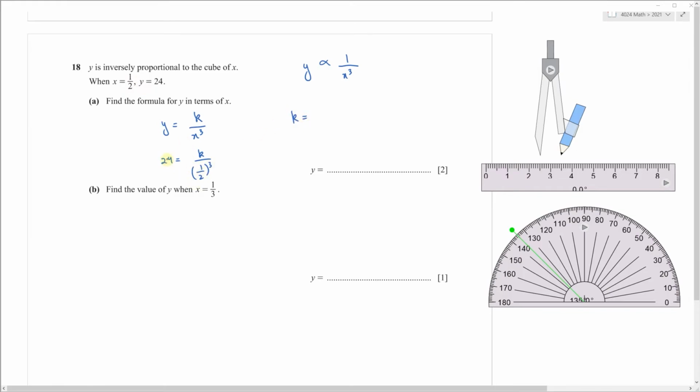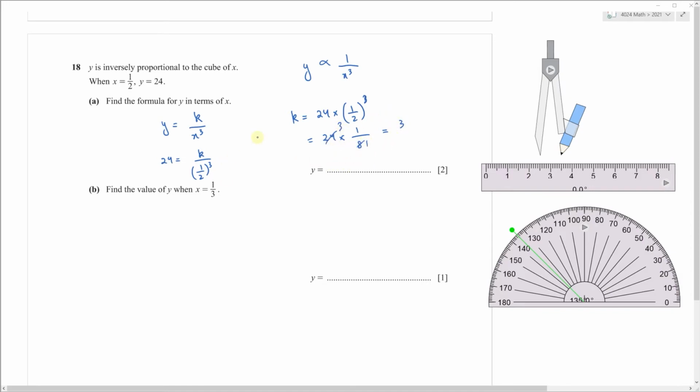So if I take this 1 by 2 cube to the other side, this will become 24 multiplied by 1 by 2 cube. So this is 24 multiplied by, if I bring this power inside, this will become 1 over 8. And this will give me the value k. 8 times 1, 8 times 3 is 24. So this is 3.